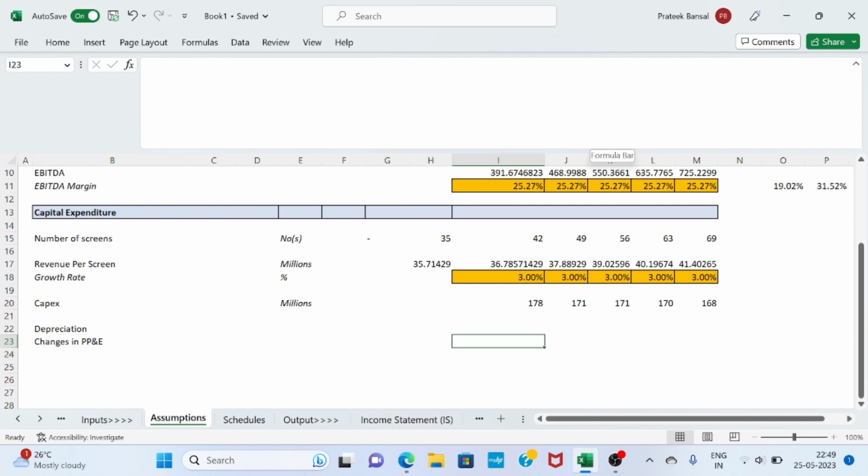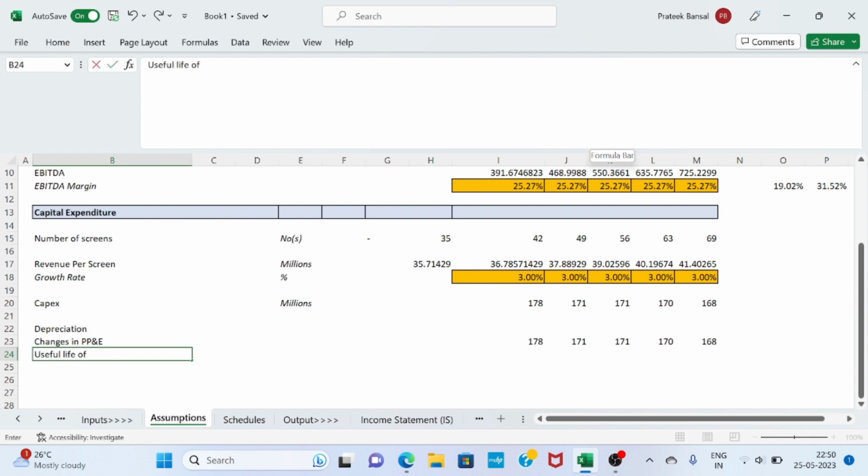So first of all the changes will be equal to this, right? Then we need to calculate the useful life of an asset, that I will assume to be, in years, 25 years.